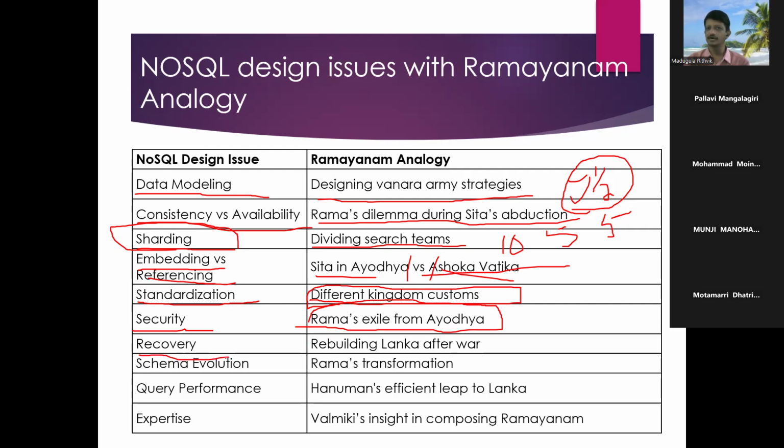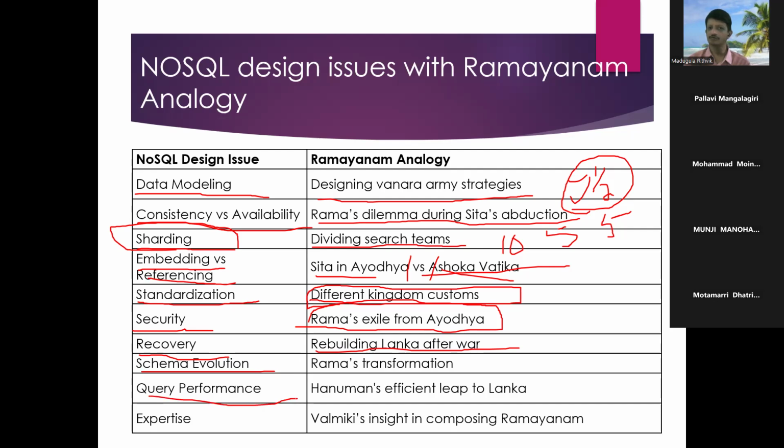Coming to recovery: after the war, how Lanka is going to be rebuilt. This can be treated as recovery. Coming to schema evolution: how Rama transforms when he is in Ayodhya as king, and how the transformation takes place when Rama is in the forest. These two are the major issues as far as evolution is concerned.